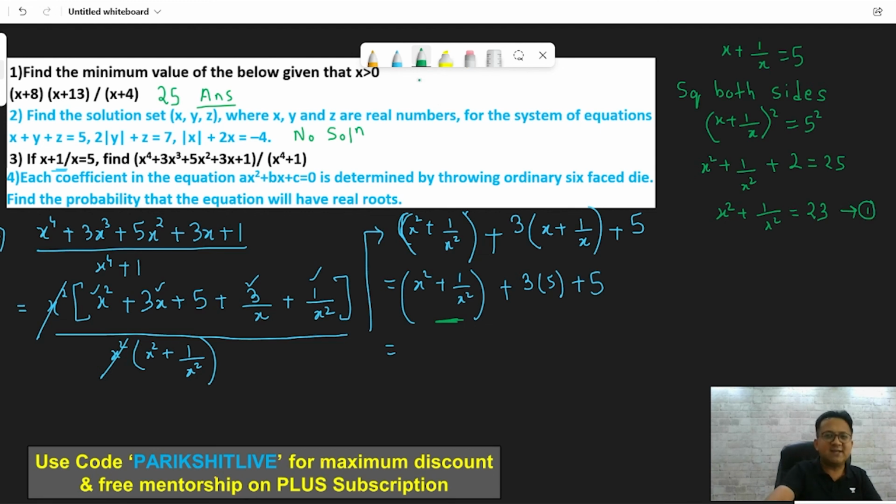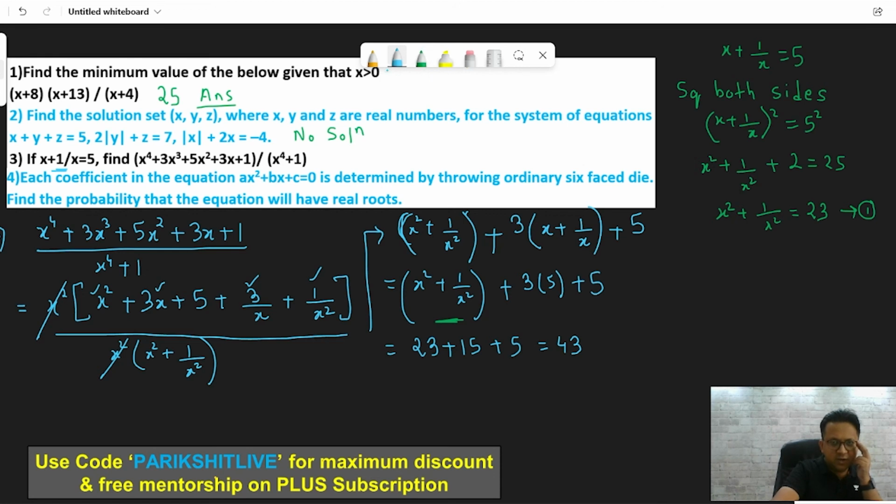You can directly substitute the value of equation 1. 23 plus 15 plus 5 is equal to how much? It is equal to 43. So the numerator is 43. What is the denominator? Remember, we also have a denominator.